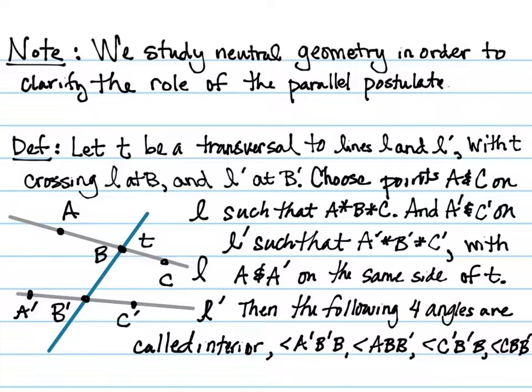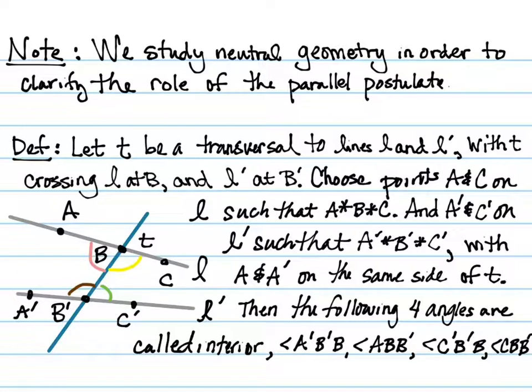And in our picture, I'll mark them with angle markings like this. There's one of them. Here's 2. Here's 3. And here's 4. So these 4 angles are called interior angles.